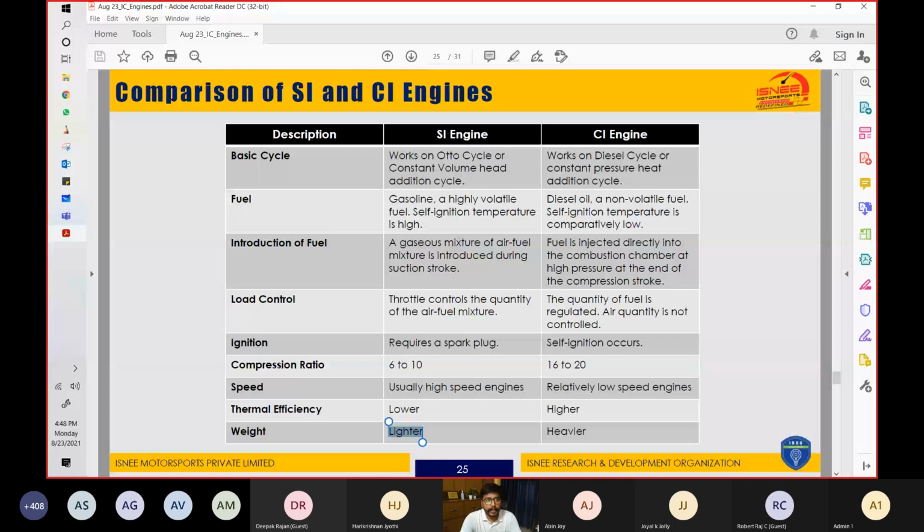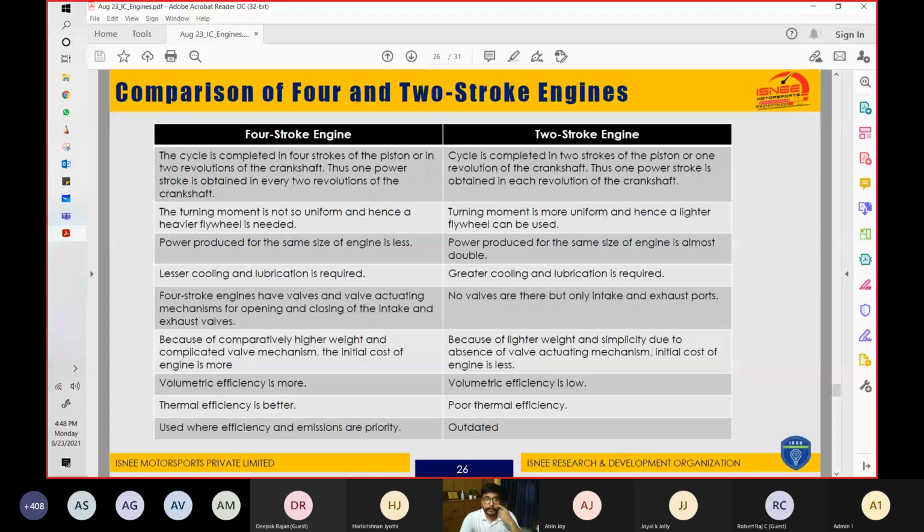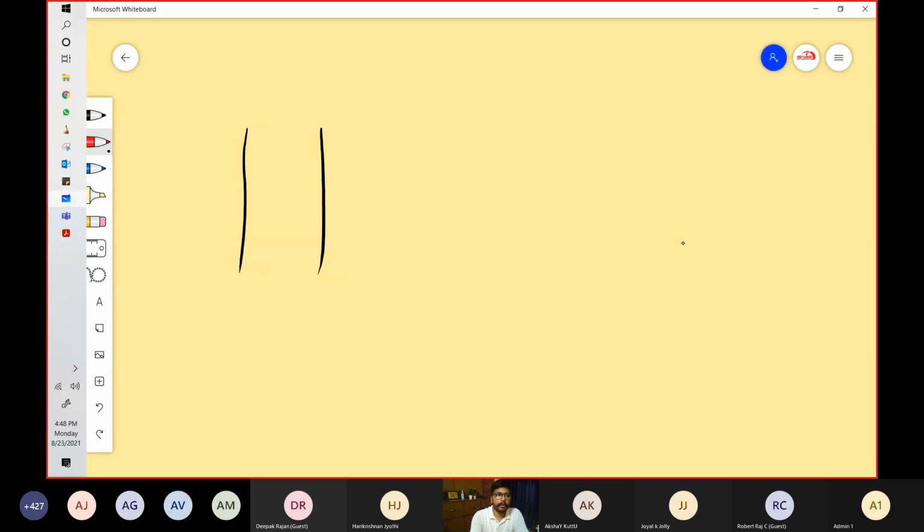Now, the comparison of a 4-stroke and a 2-stroke engine. Let me rewind the discussion for you. Over here, intake, exhaust, then there was a spark or injector over here.